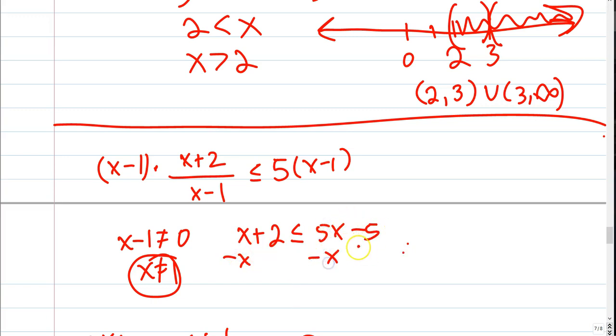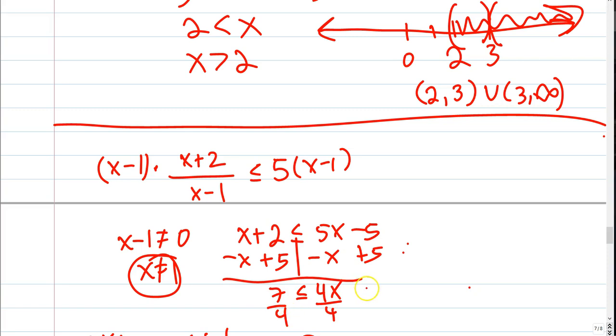Isolating the x, adding the 5, we get 7 less than or equal to 4x, so that 7/4 is less than or equal to x, or x is greater than or equal to 7/4.